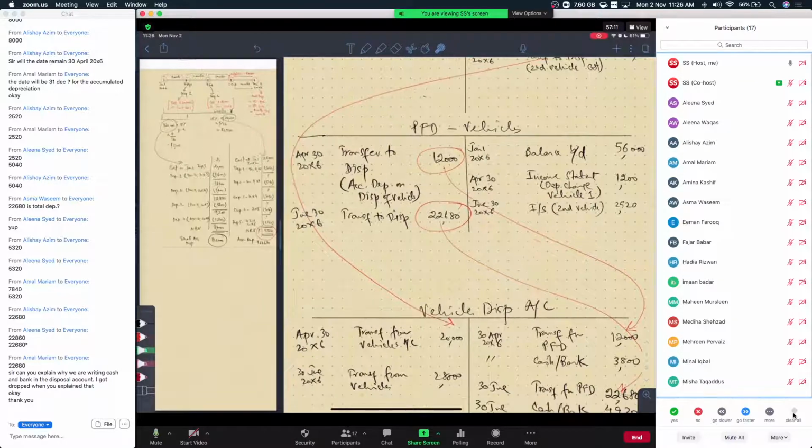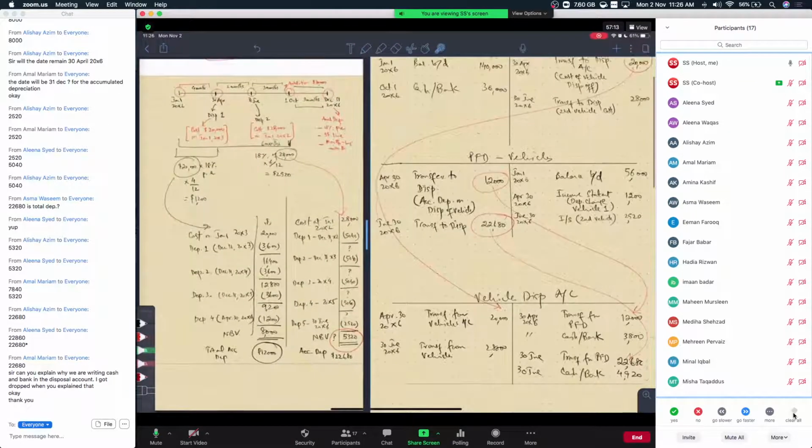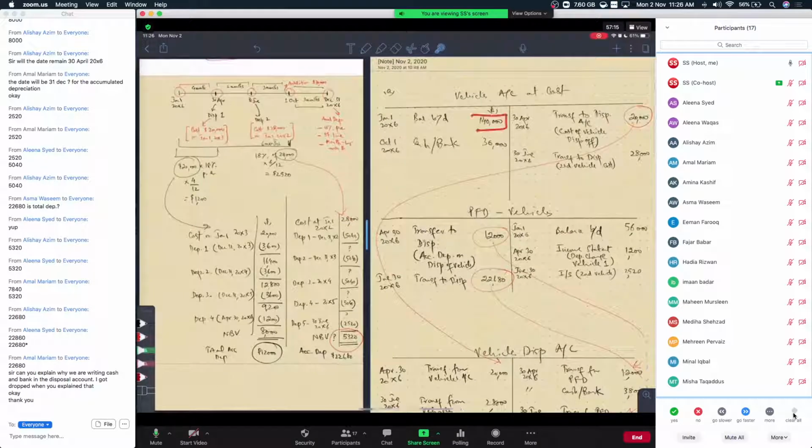We need to know how many assets do we have. We started off with 140,000 costing assets. We disposed of these two assets during the year and we bought this new asset. These two assets, before they were disposed of, their depreciation has already been recorded and calculated here.